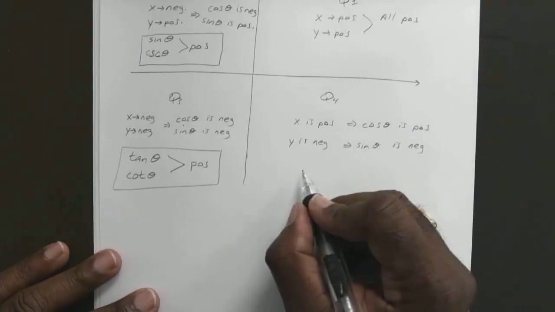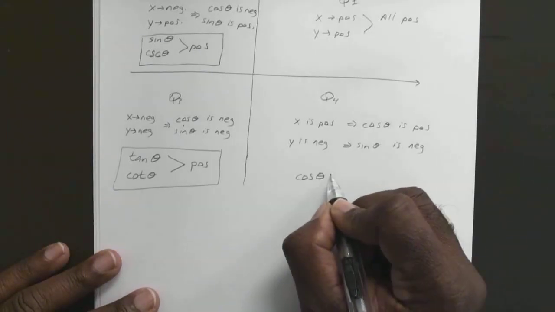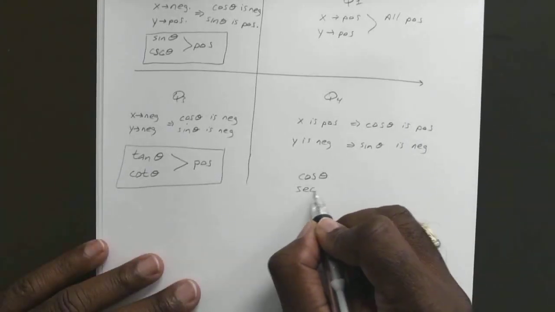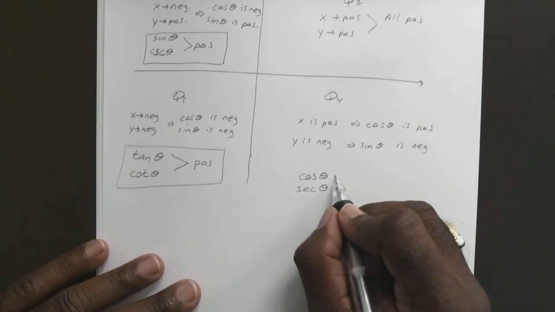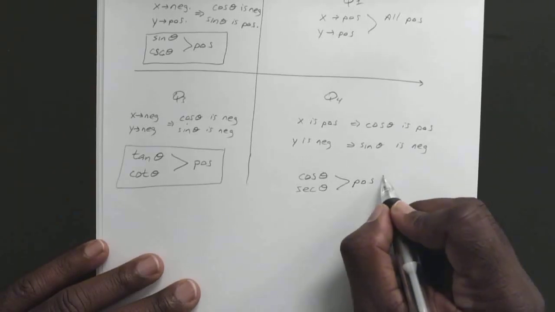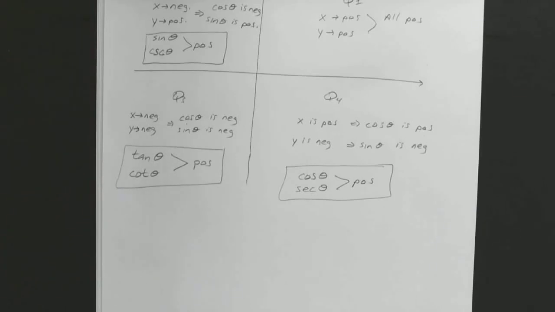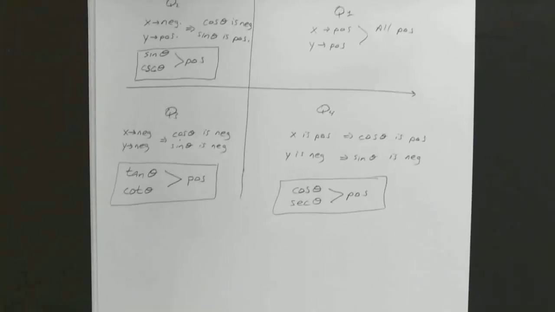Okay. So since in quadrant 4, cosine is positive, the reciprocal of cosine would also be positive, which means secant is positive. Okay, so they're all positive in their own intervals except quadrant 1. Quadrant 1 is everything's positive there.